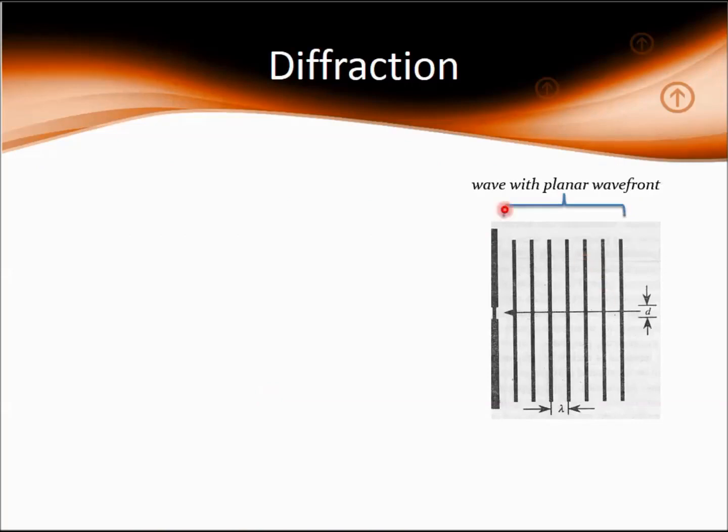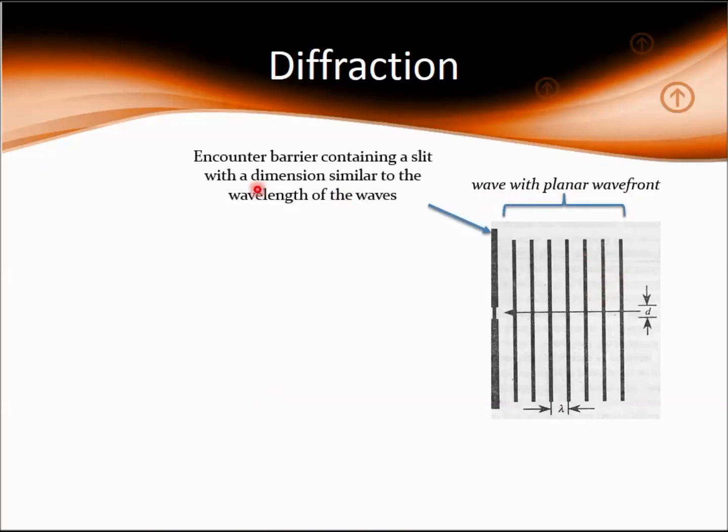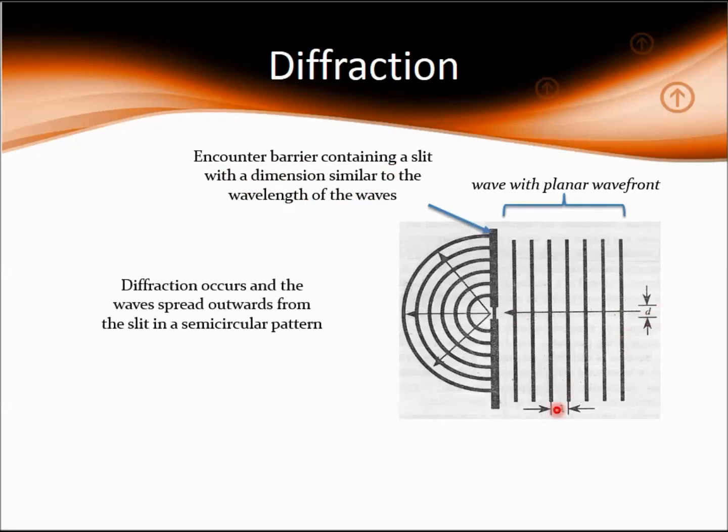Here again is a bit more detail. A wave with a planar wavefront encounters a barrier containing a slit with a dimension similar to the wavelength of the wave. This is when d is equal to lambda, and diffraction will occur, and the wave spreads outward in many directions from the slit in a semicircular pattern.